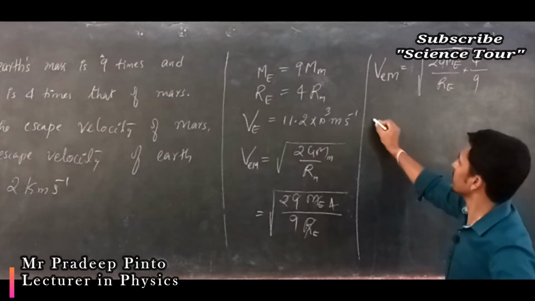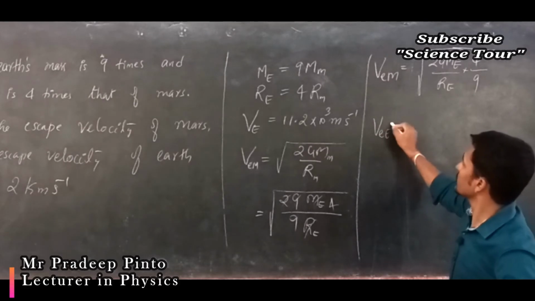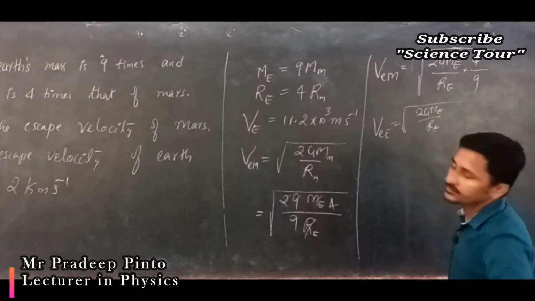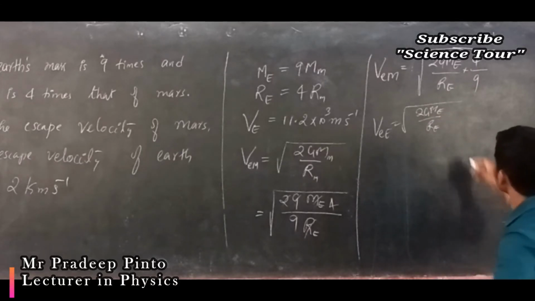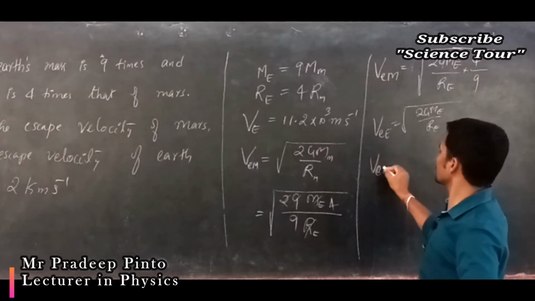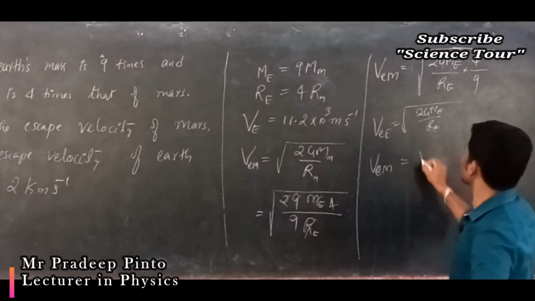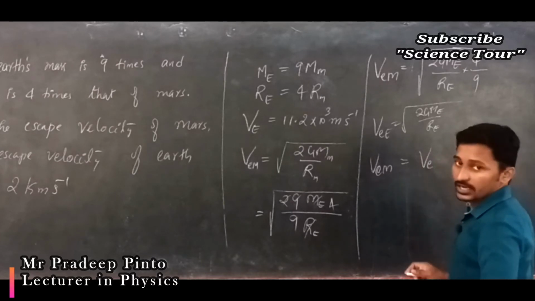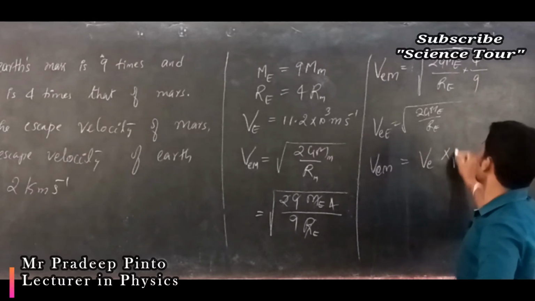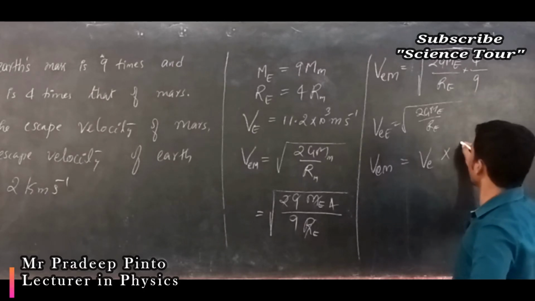But we know that the escape velocity of the earth is square root of 2GM_E by R_E, right? So escape velocity of Mars is equal to escape velocity of the earth into square root of 4 by 9, and square root of 4 by 9 is 2 by 3.